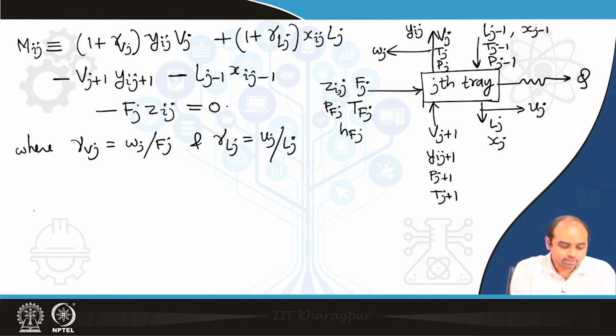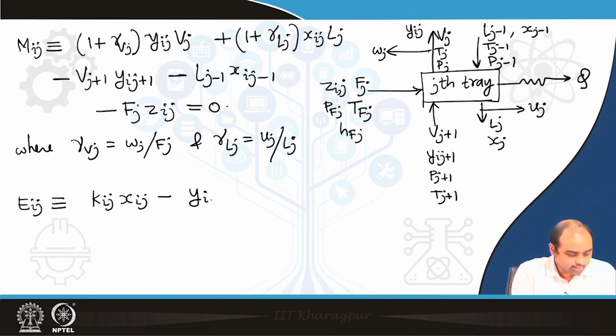Then we have the E equation. So Eij is written down as Kij xij minus yij equal to 0.